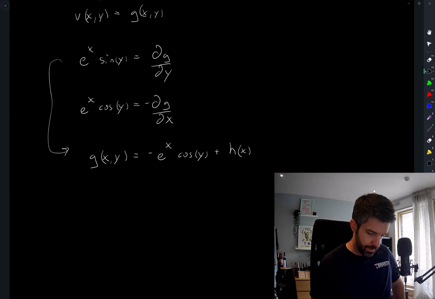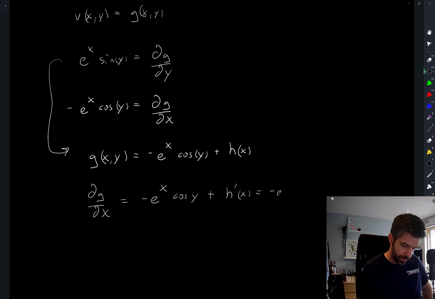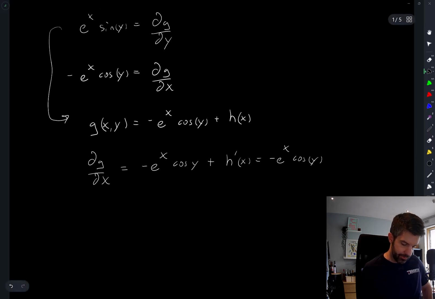Now if I differentiate g, I have partial g by partial x is equal to negative e to the x cos y plus h prime of x, and that has to equal negative e to the x cosine of y. Okay, and this tells us that h of x is a constant c.